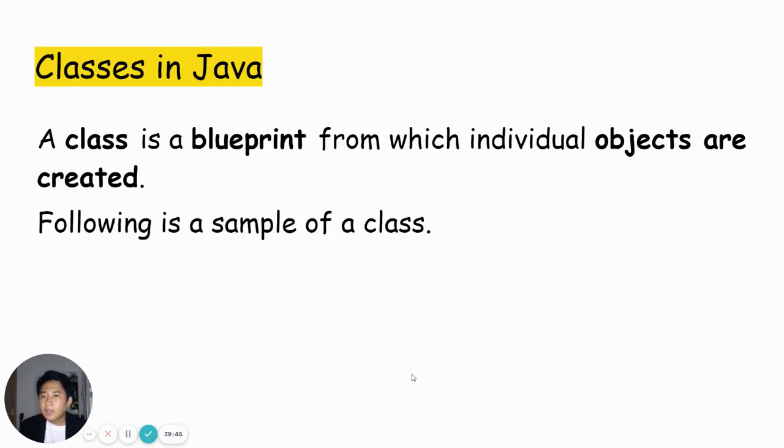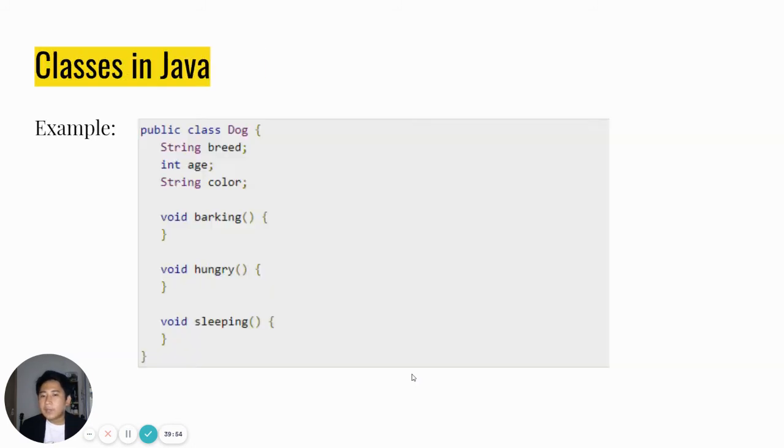So classes in Java. A class is a blueprint from which individual objects are created. Following here is a sample of a class. In this example, we created a class named Dog.